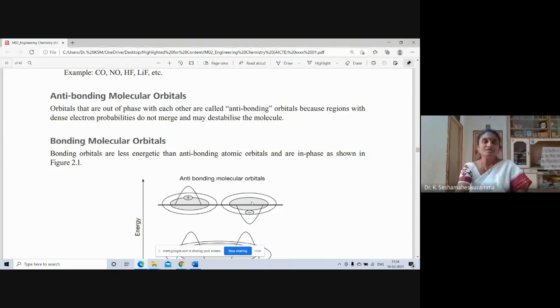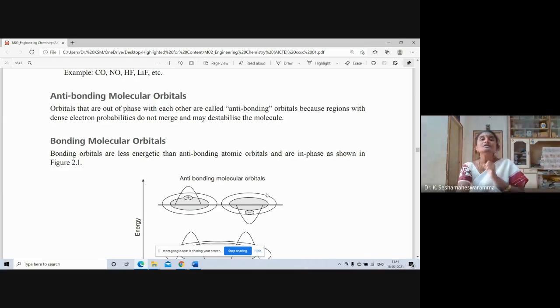So here the electron density is here, and here the electron density is here, more. Hence these do not merge. So orbitals that are out of phase with each other are called anti-bonding orbitals.